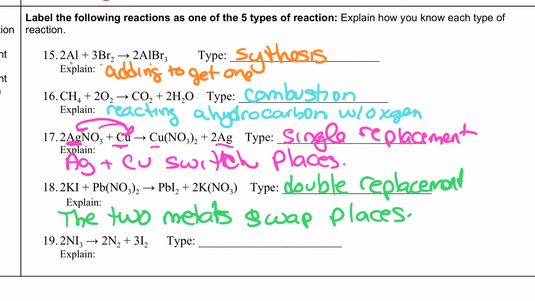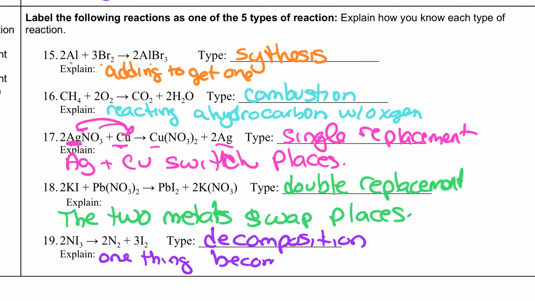And then the last one is 2NI3 yields N2 plus I2. And this is a decomposition, and I know that because 1 thing becomes 2.